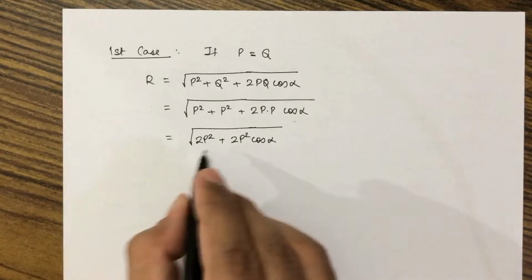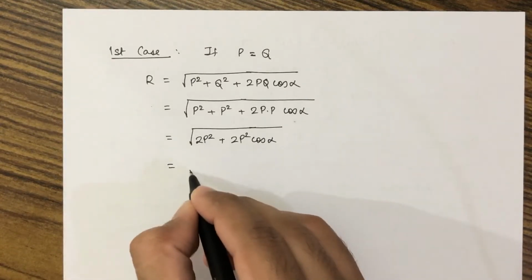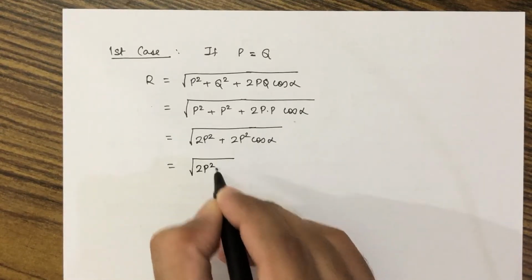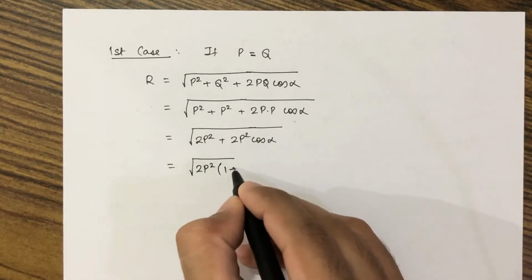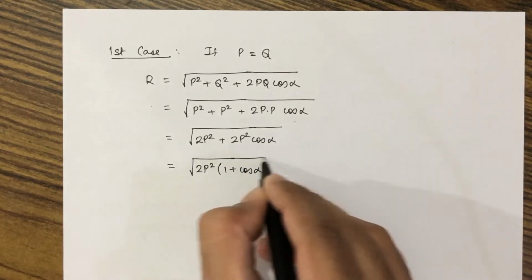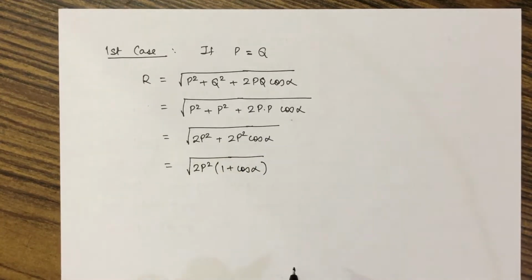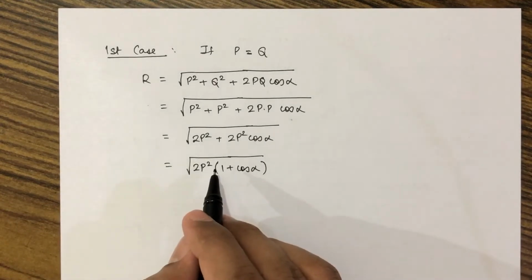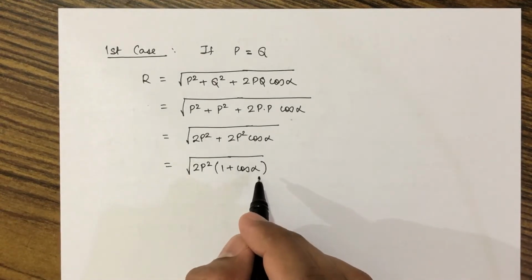If we take 2P square common, this will become 2P square into 1 plus cos alpha.